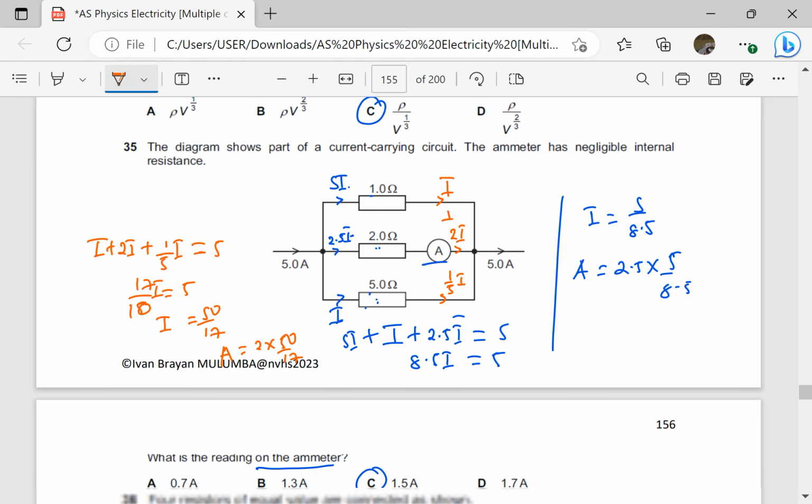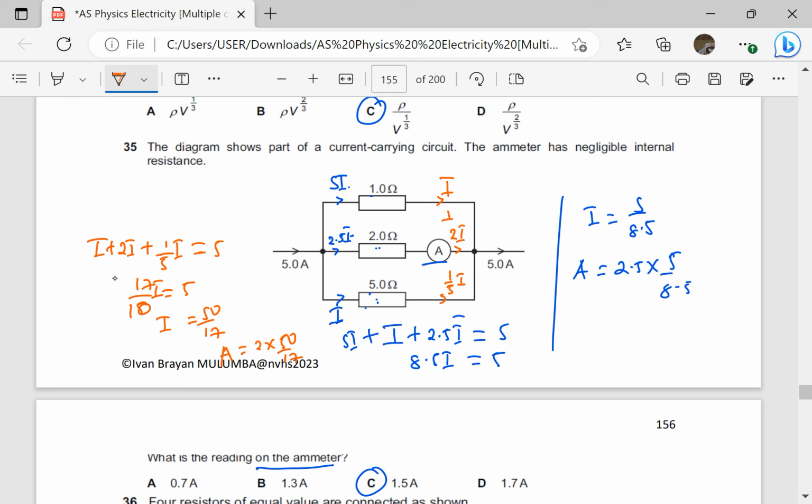I think this relation is not correct. When I multiply this by 2.5, no, I'll just leave this one because it doesn't give me a clear relation.